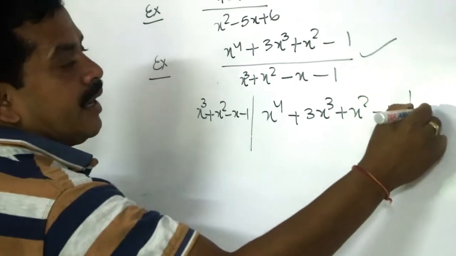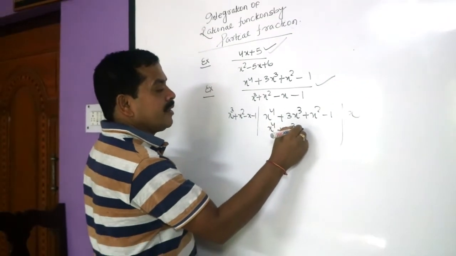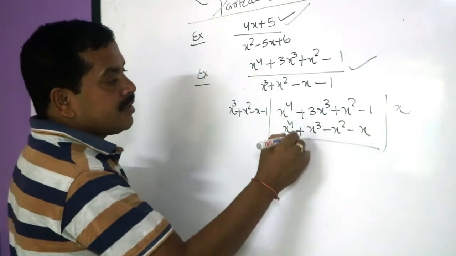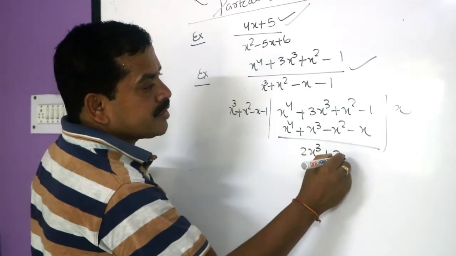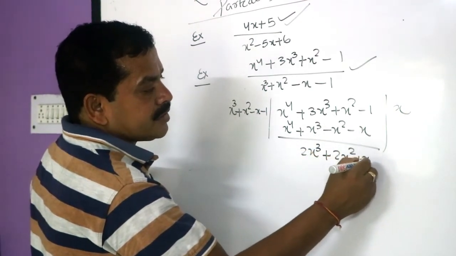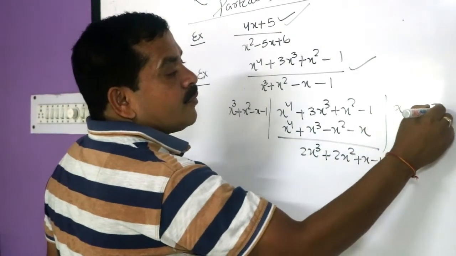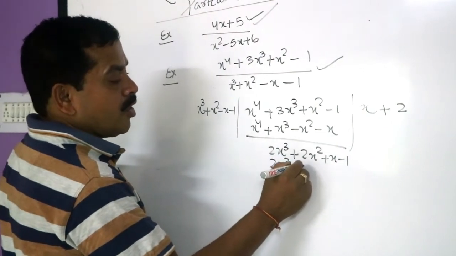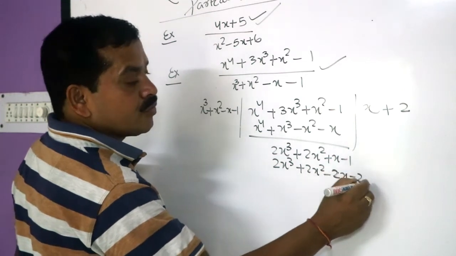Then we put here x, that is equal to x4 plus x cube minus x square minus x. Then after subtraction, this will be 2x cube plus 2x square plus x minus 1. Then put 2 here, that is equal to 2x cube plus 2x square minus 2x minus 2.